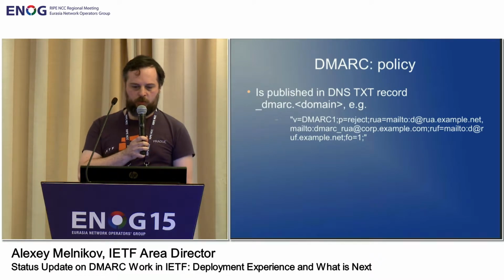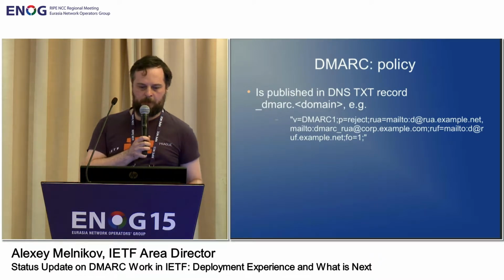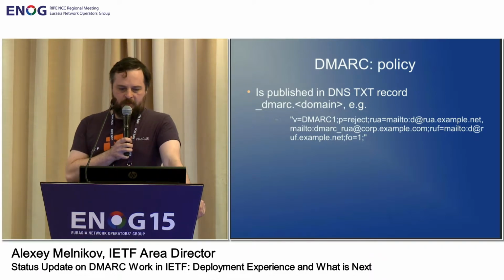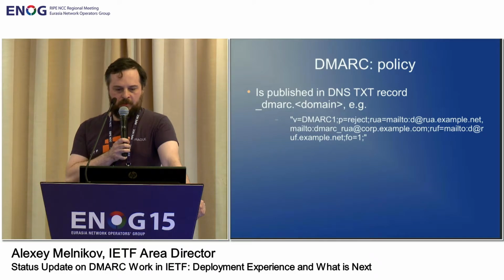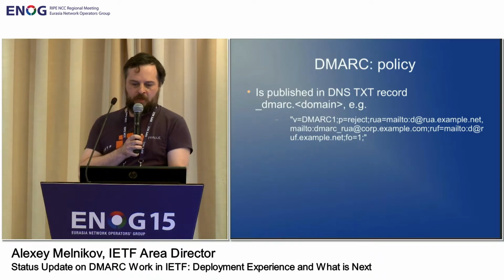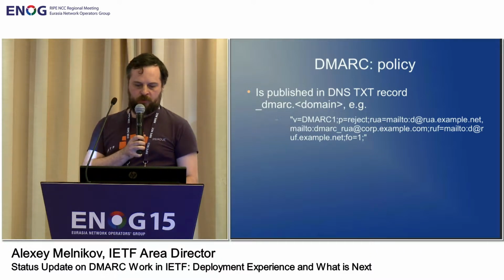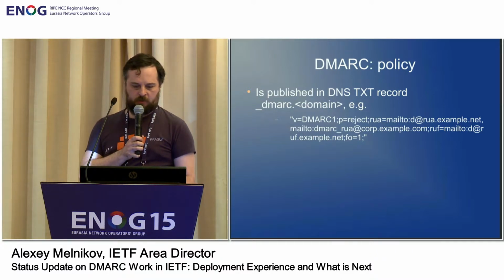So this is how a DMARC policy looks like in DNS. Again, it's a TXT record, so it starts with the version number, so it can be distinguished from other things. Then it's a set of attribute value pairs. p specifies the policy, what to do with the message if it fails DMARC checks, and I will talk about this a little bit later.